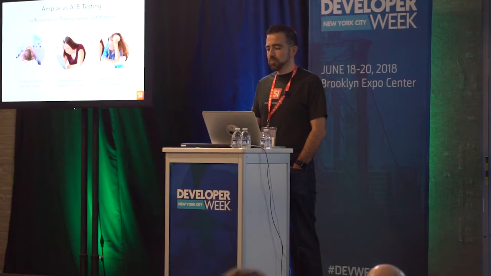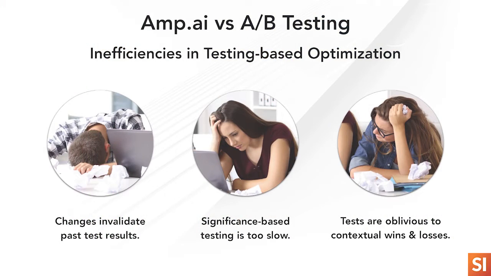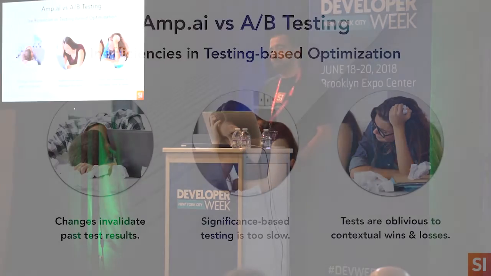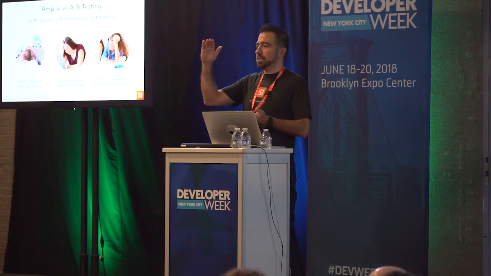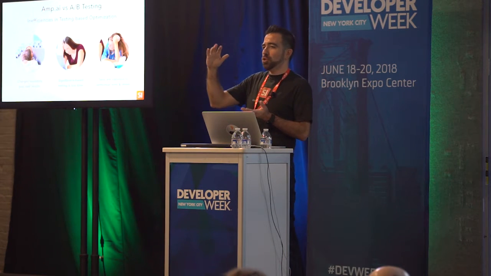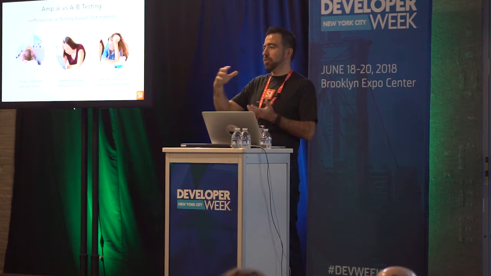And the third thing to point out is that A/B tests, because they measure averages, are completely oblivious to what we call contextual wins and contextual losses. So even if you conclude on average that a variant B is much better than a variant A, there's usually a significant subpopulation or subsegment, let's say 30, 40, 50%, where the reverse is true.